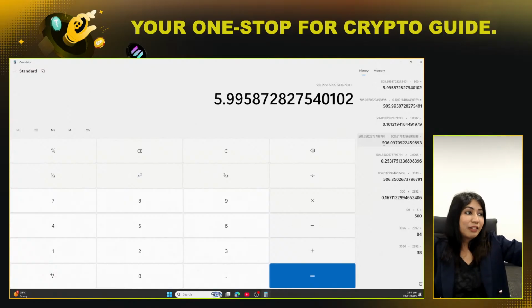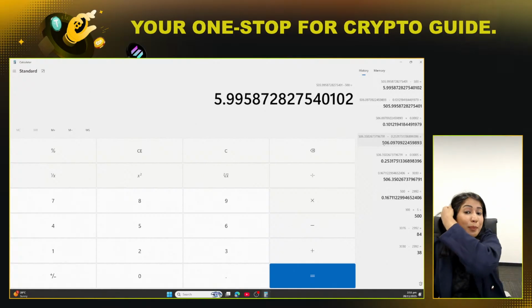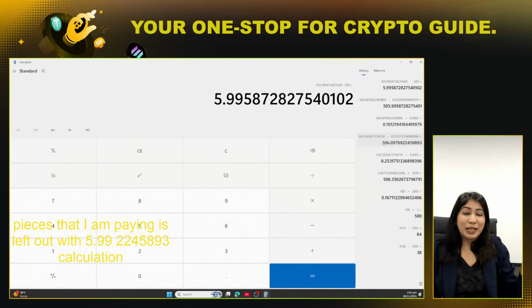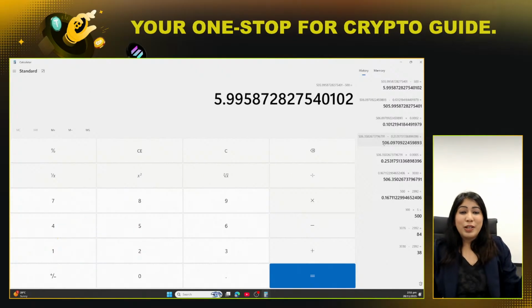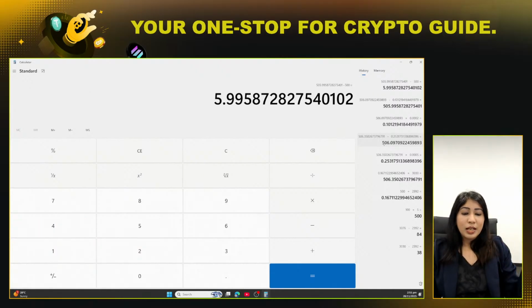So 5.99587. Now when you buy, immediately on execution the fees will get applicable. I am doing this on net profit, but there might be slight point differences here and there because of how the calculations get executed.